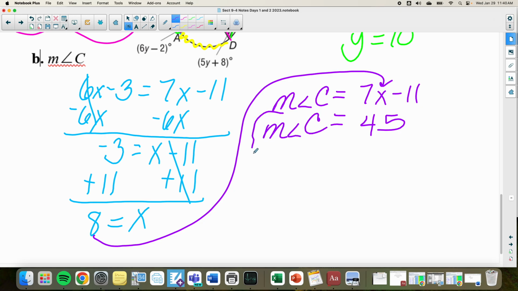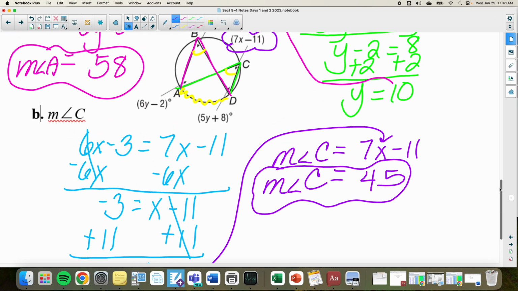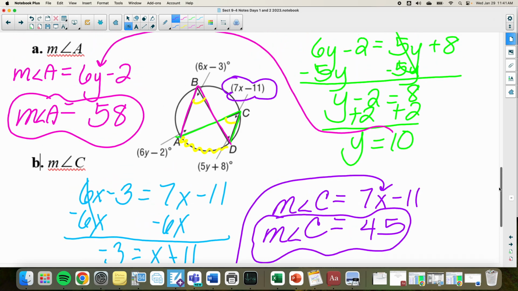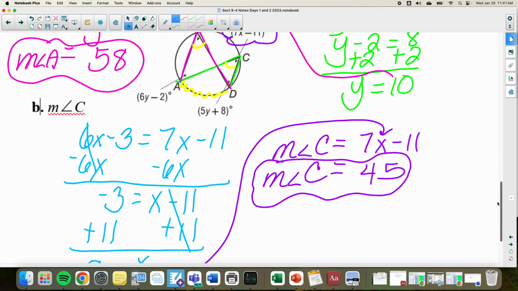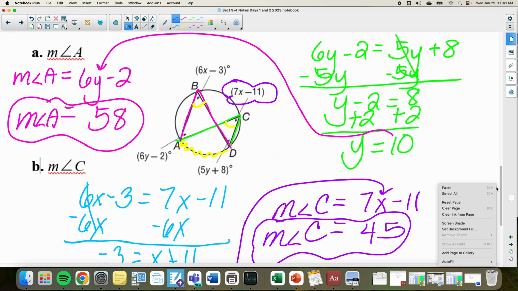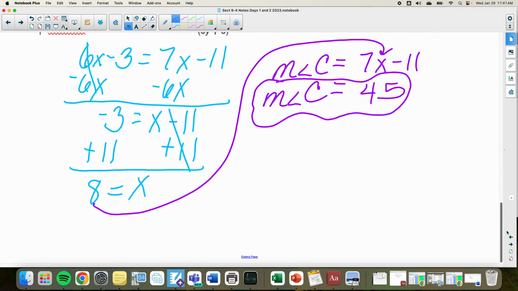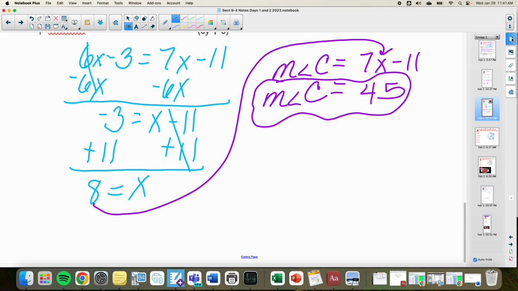And then you could also put that into this one that I can't see what it is. So if I put 8 in there, 6 times 8 is 48, minus 3 is 45. So that does work, okay?